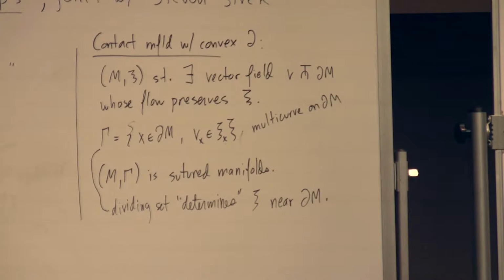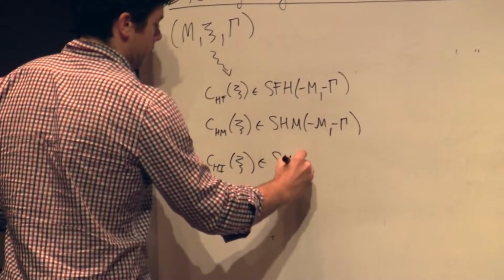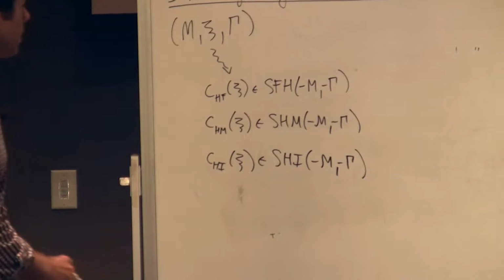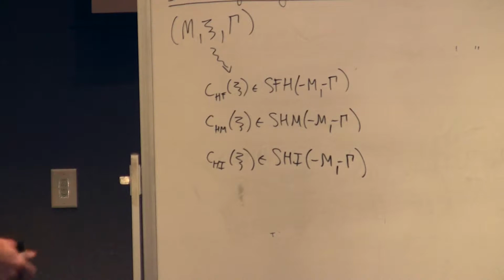So you get a class in the sutured Heegaard Floer homology, a class which I'll denote CHM in the sutured monopole Floer homology, and a class CHI in the sutured instanton Floer homology of the associated topological manifold. And these are invariants of the contact structure in an appropriate sense.